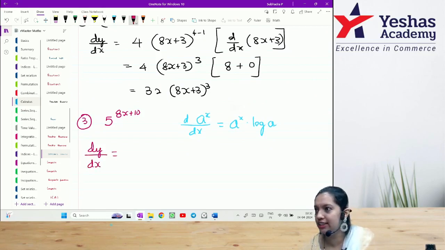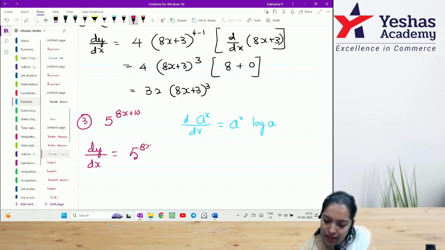How many got the third answer? You tried. Whether it is correct or wrong is secondary. Third one, raise your hand. What's the answer? 5 power (8x + 10) into log 5.